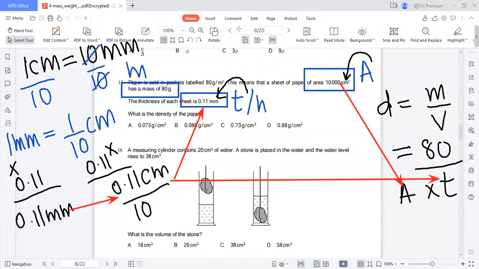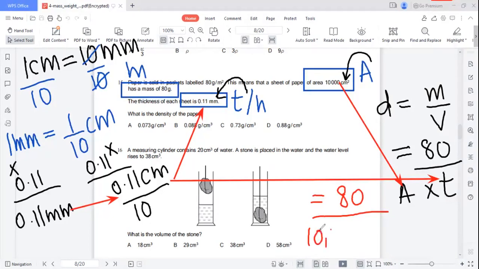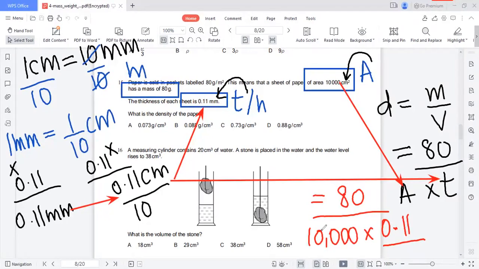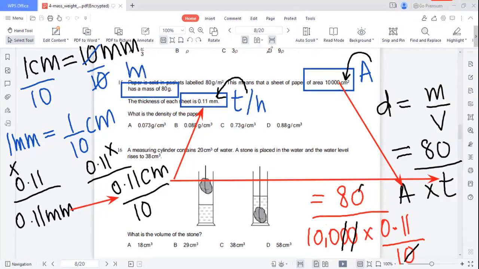So let's see. It would be 80 divided by area is 10,000. And it is 0.11 over 10. Okay. This 1 0 is cancelled with this 0. This 1 0 is cancelled with this 0.